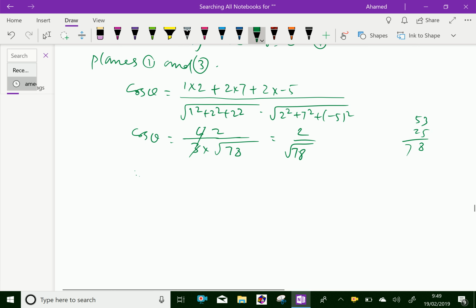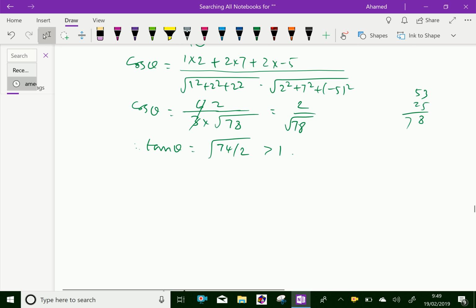Converting to tan theta, it gives the square root of 74 over 2, which is greater than 1. Therefore tan theta is greater than 1, so theta is greater than 45 degrees.